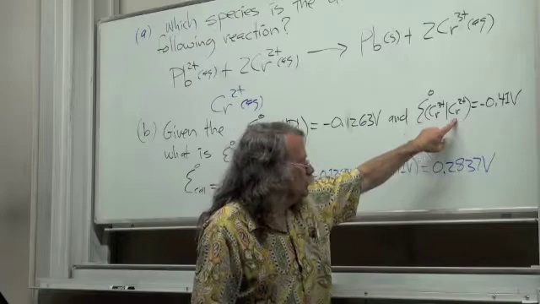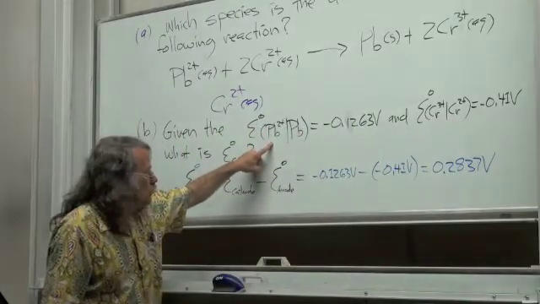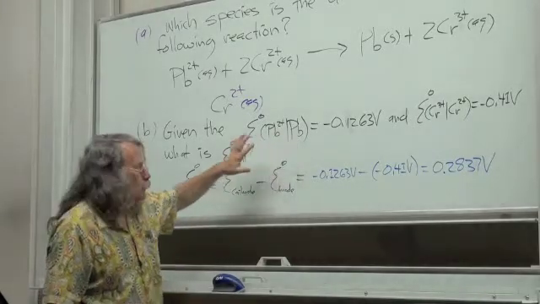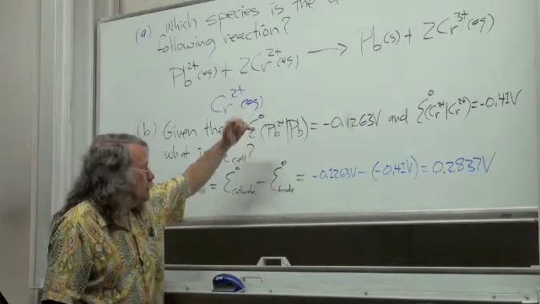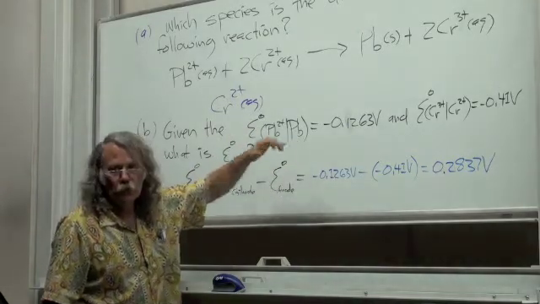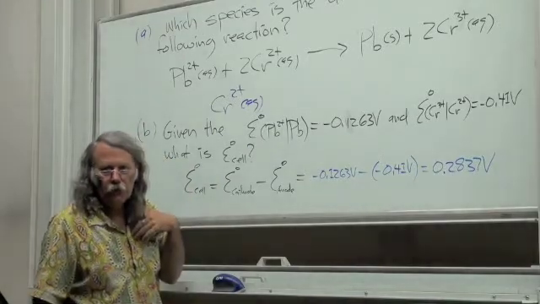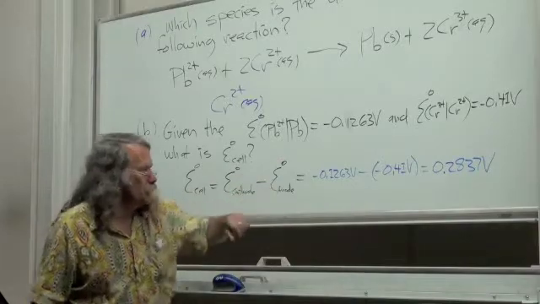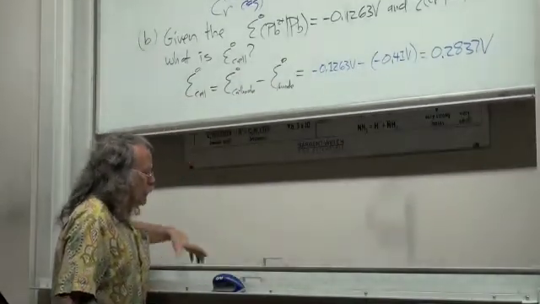Same here, oxidized form, lead 2+, going to lead. So when I write the reduction potentials with this notation, it is the oxidized form followed by the reduced form. Did that answer it? Did everybody get that question?